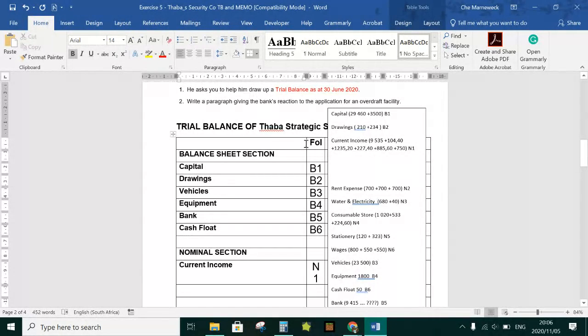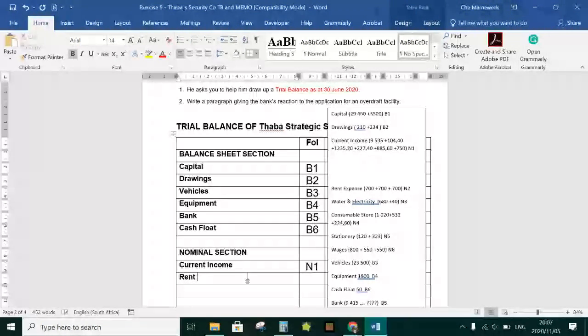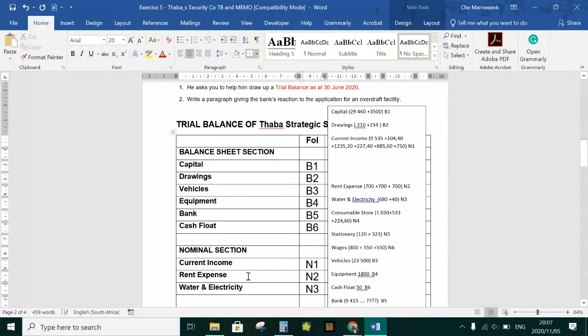Make it a little bit bigger. Then we have rent expense, N2. Then we have water and electricity, N3.